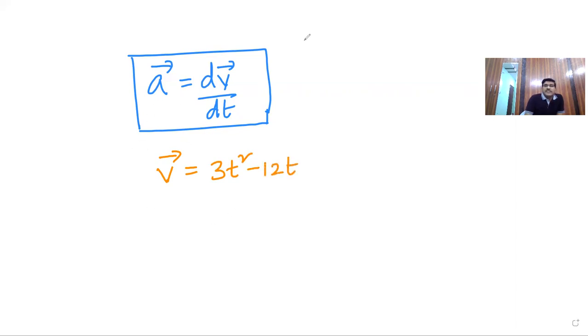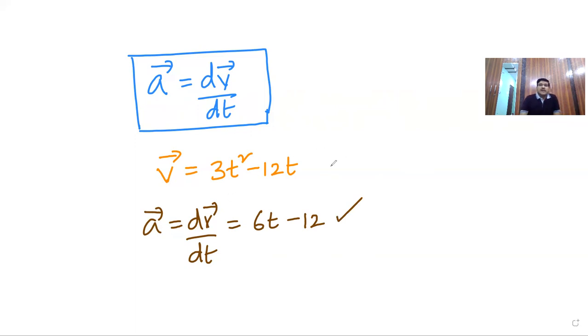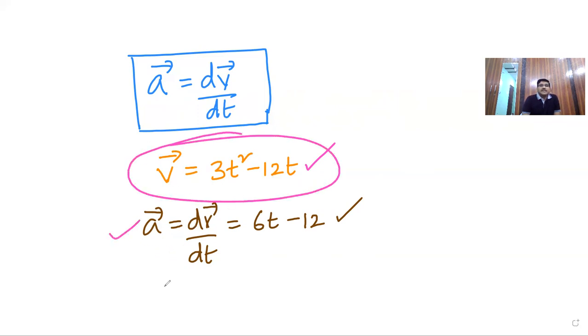If I differentiate it, acceleration is dv bar by dt. If I differentiate this velocity expression with respect to time, I will get acceleration.